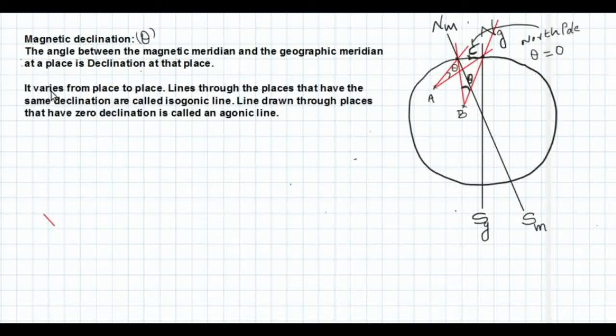That means this magnetic declination varies from place to place. Lines through the places that have the same declination are called isogonic lines. Then line drawn through places that have 0 declination is called agonic line.